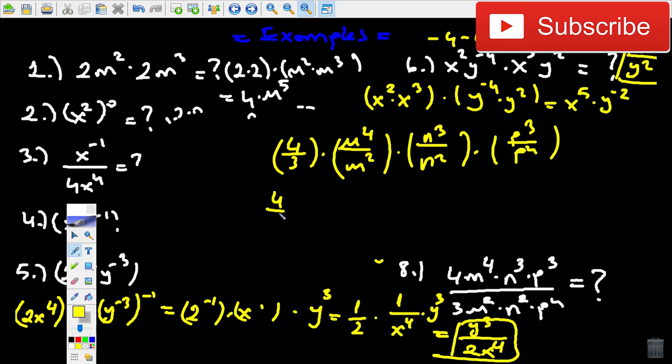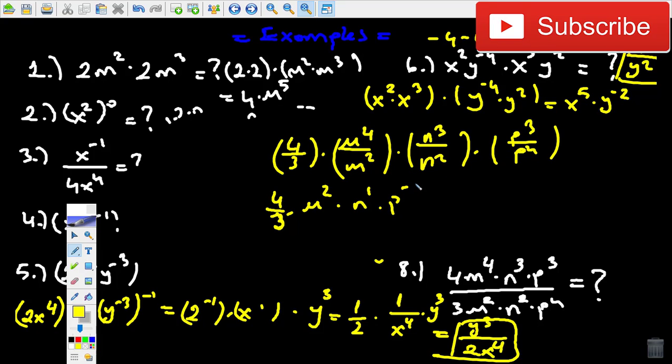So 4/3 times. Again, we're going to do subtraction, because whenever we see division for exponential expressions, that implies subtraction. So 4 minus 2 is 2, so m squared times, same thing, n to the power of 3 minus 2, which is 1, times p to the power of 3 minus 4, which is equal to p to the power of negative 1.